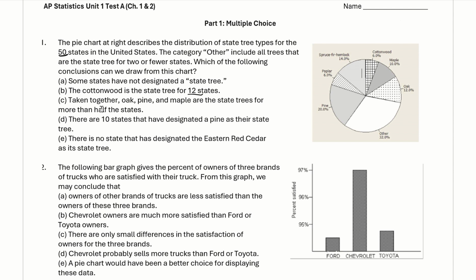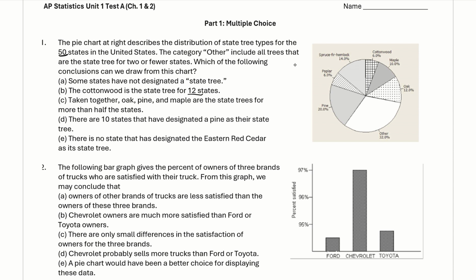If I look at part C, taken together, oak, pine, and maple are the state trees for more than half of the states. Also keep in mind, I forgot to mention this, that this chart includes all 50 states. It says the state tree types for all 50 states, and the Other is just other types of trees.